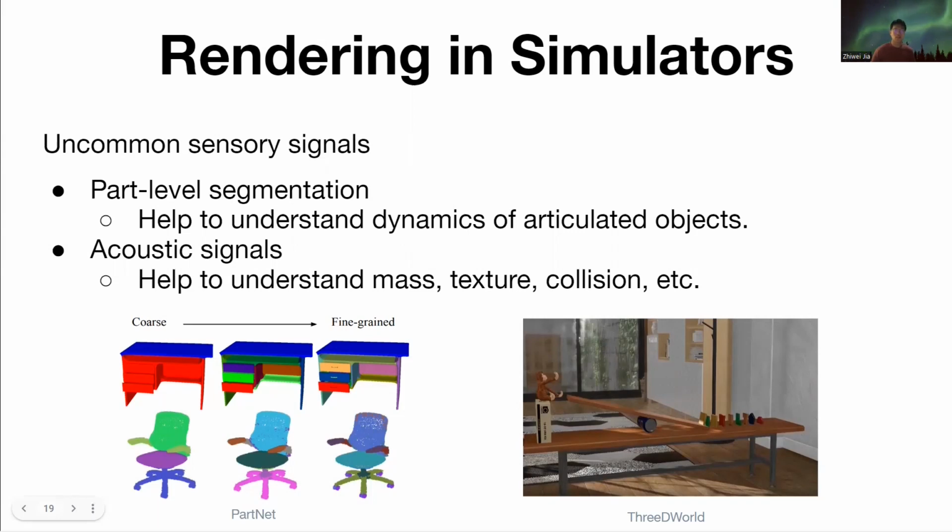This fine-level, part-level segmentation can help agents learn the dynamics of articulated objects better. Another great example is acoustic signals, which are well supported in frameworks such as ThreeDWorld. These acoustic signals can be helpful for advancing understanding, such as reasoning about the mass, textures, and properties of objects.